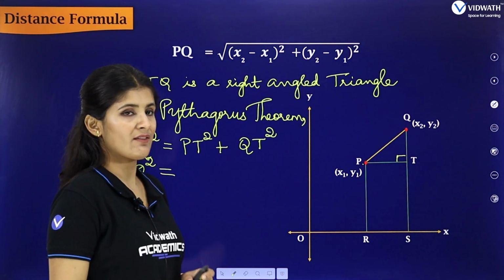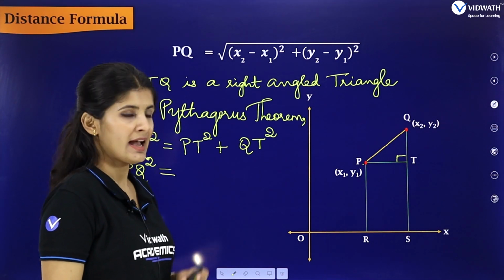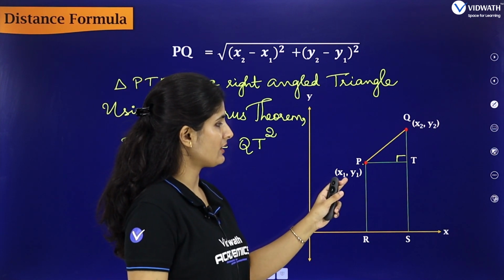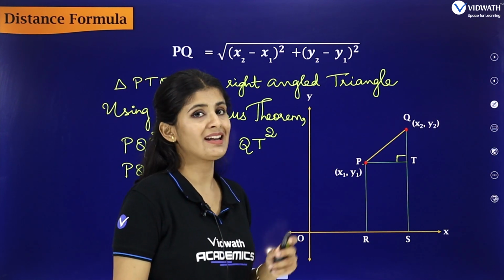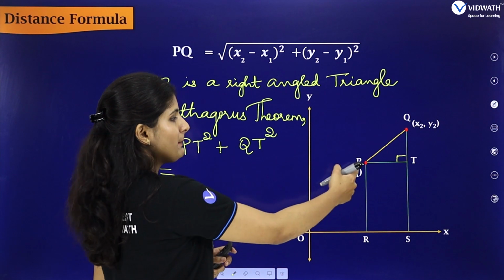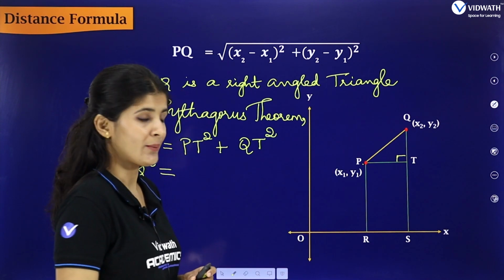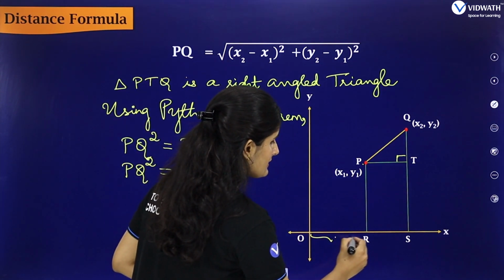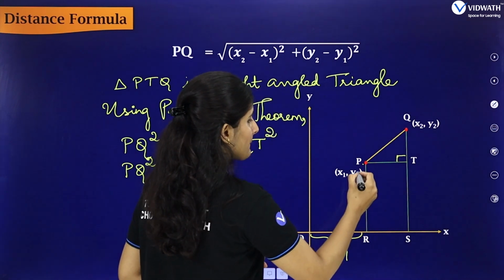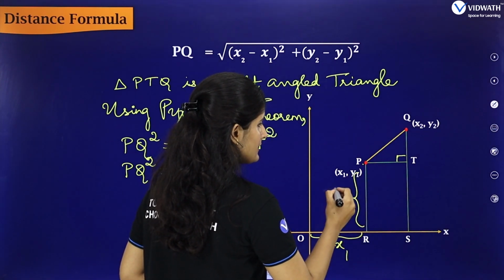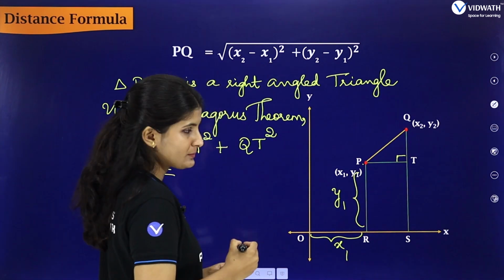In order to find the values of PT and QT, I'll make use of the given information that P and Q's coordinates are given. Since P has the coordinates x1, y1, I can say the distance OR is x1 and the distance PR is y1.